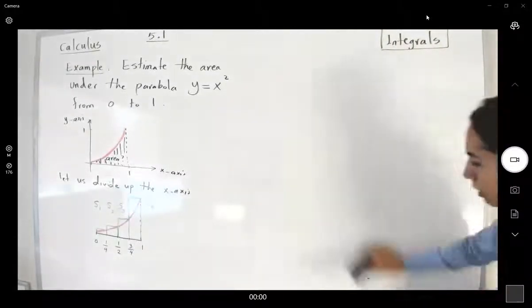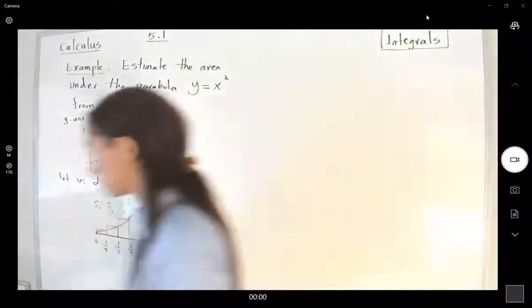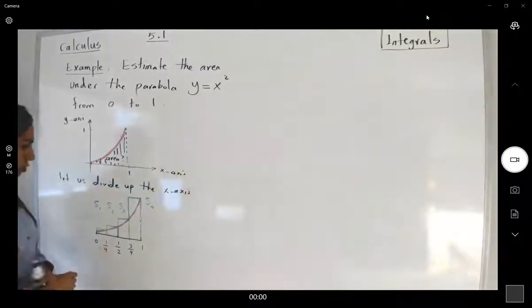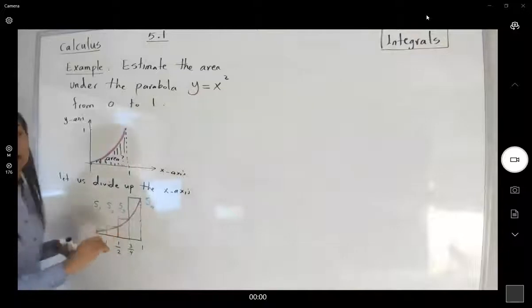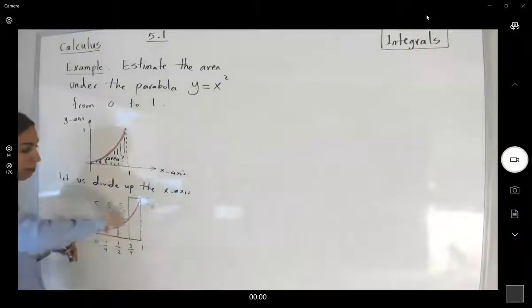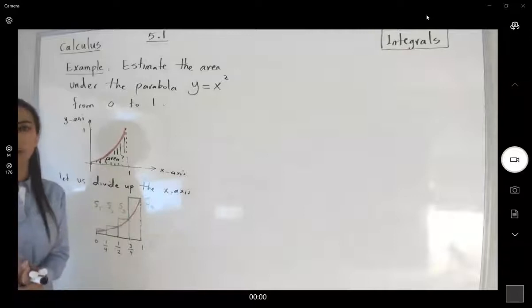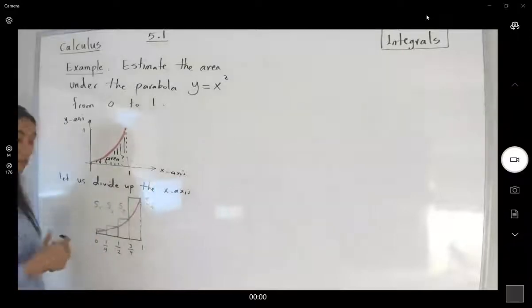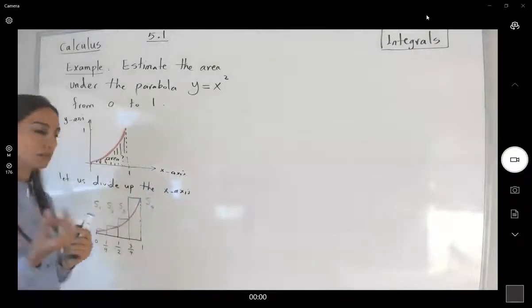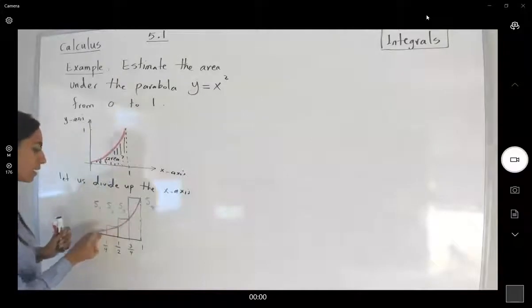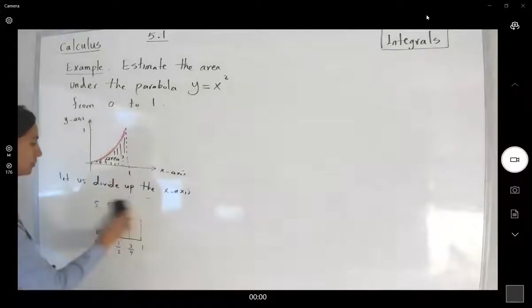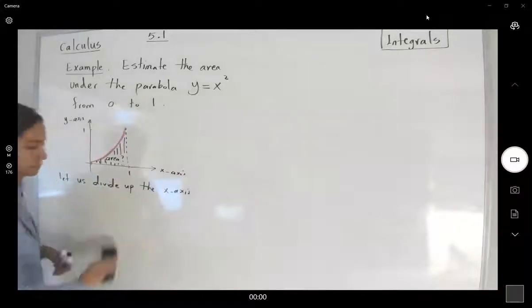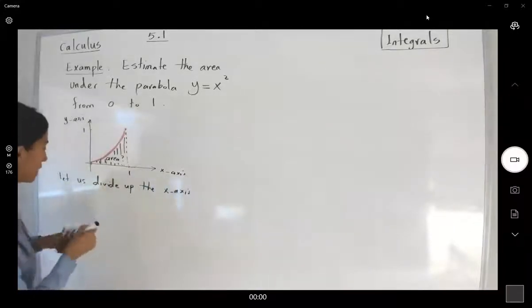You might say, well, so far you took these rectangles that cover more of the area. Why don't you use rectangles that cover less of the area below the curve? So you might say, hey, let us divide this up this way.